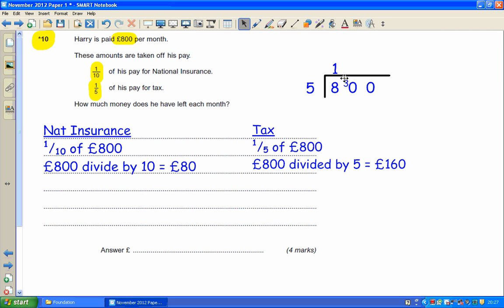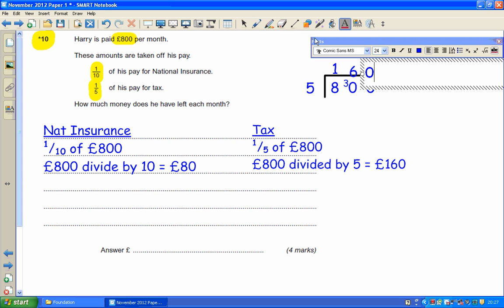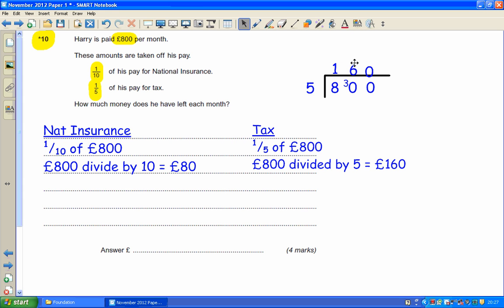Then 5's into 30 is going to be 6. And finally 5's into 0 is nothing. So 160 quid.